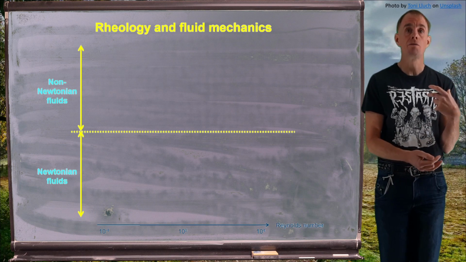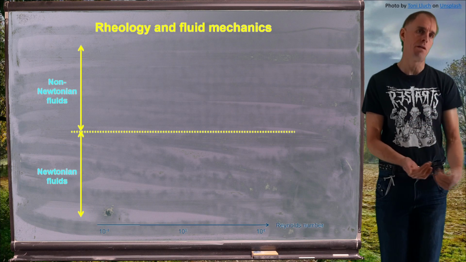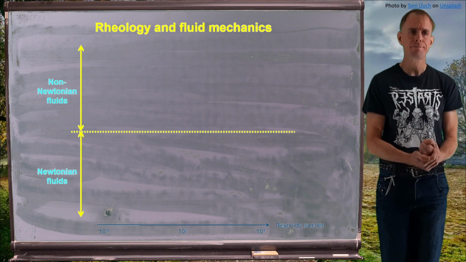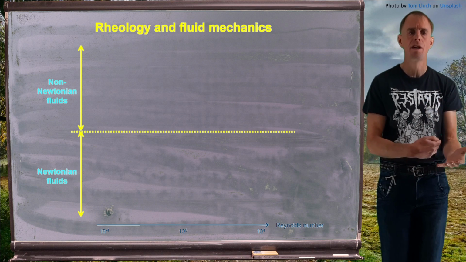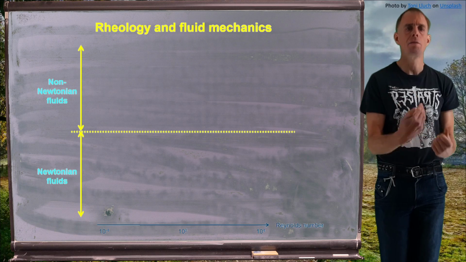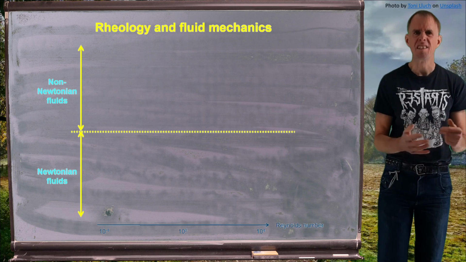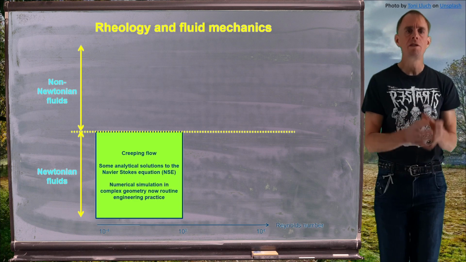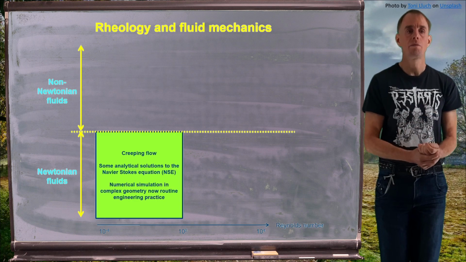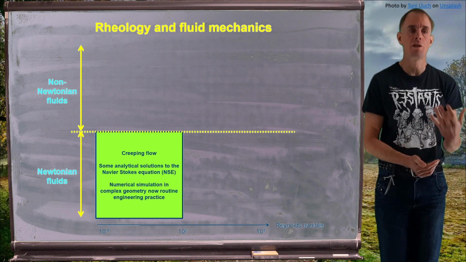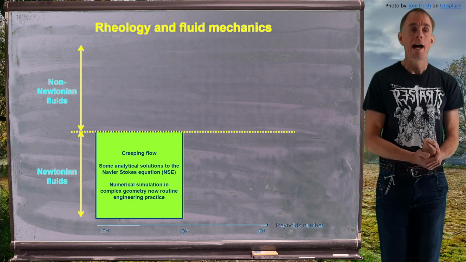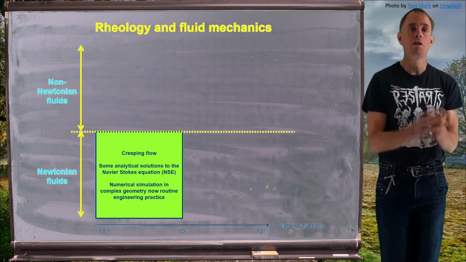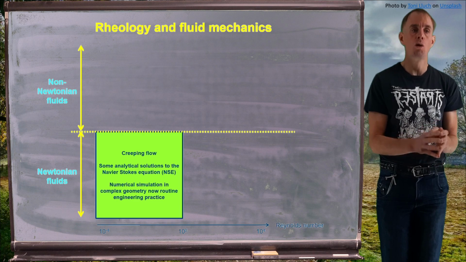And we can work out relatively easily things like flow profiles and pressure profiles. When we're dealing with Newtonian fluids in turbulent flow at high Reynolds number, life gets a bit more tricky. Let's just put it that way. So we'll be seeing a little bit on this course things to do with creeping flow, things to do with the Navier-Stokes equations, and we'll be ensuring that we understand the origin of these equations.